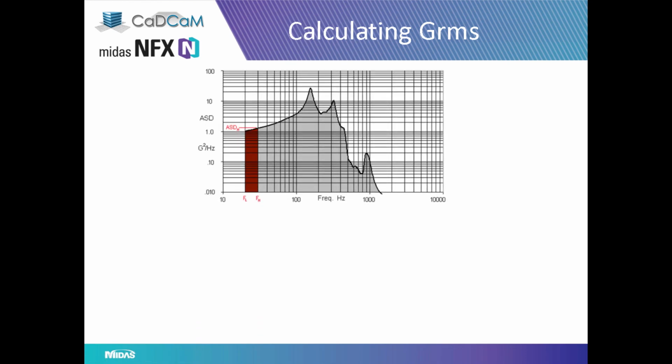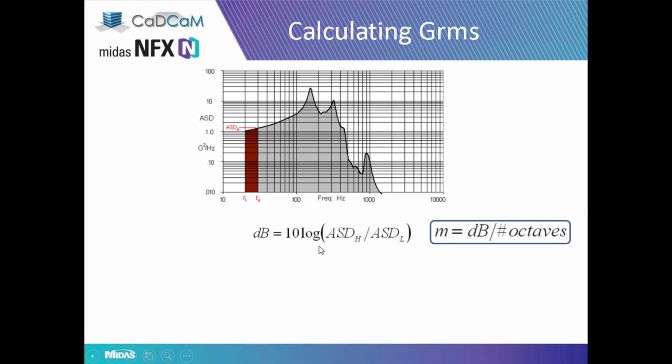In order to calculate the GRMS, we have to take into account several parameters as defined in this slide. The slope in the portion under this curve, painted in red, is dB per octave, and the dB is 10 log ASDH over ASDL.